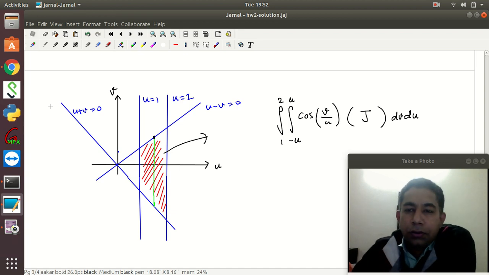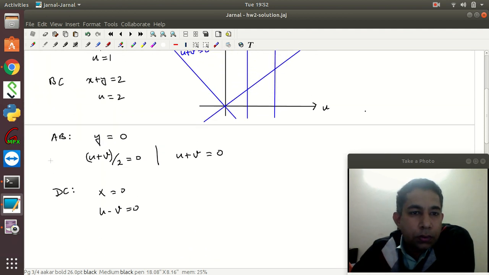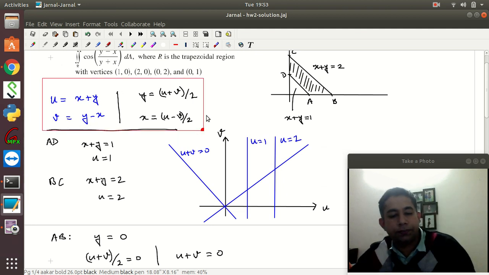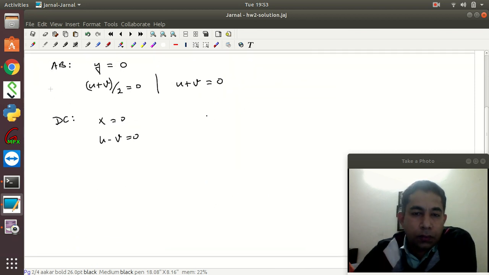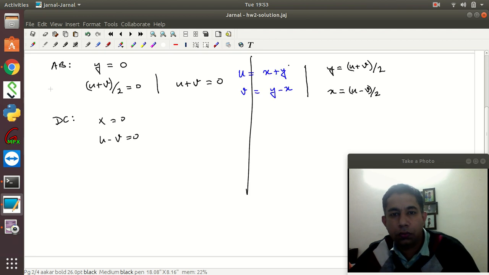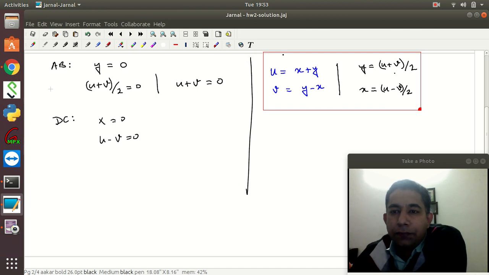Right? So let's work on the Jacobian. Jacobian should not be that difficult. Let's copy paste this somewhere inconvenient. Okay, so what we have is x is a function of u and v, y is a function of u and v.